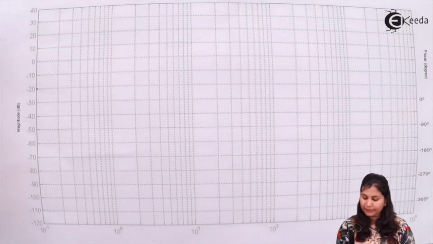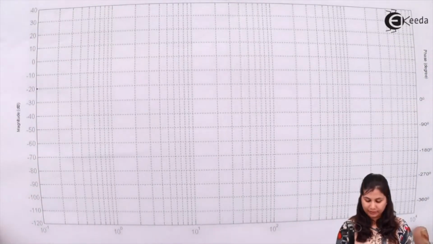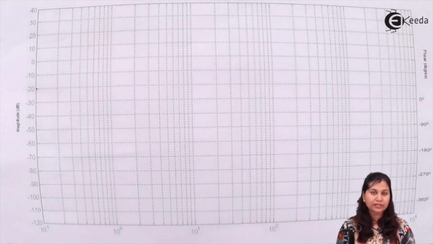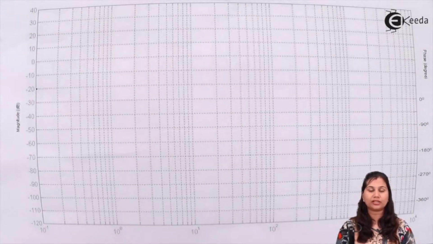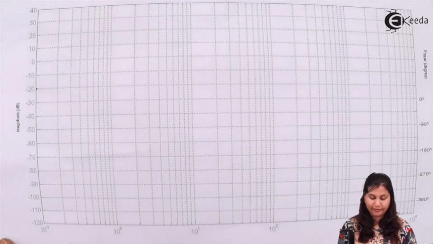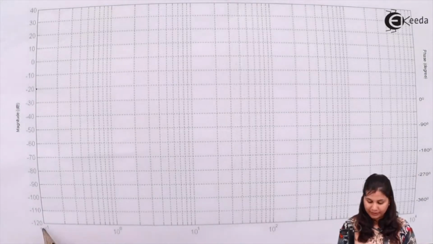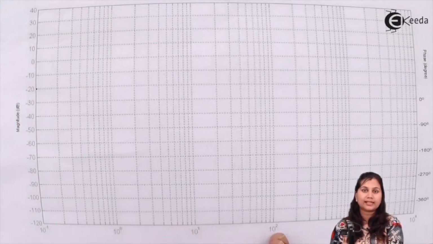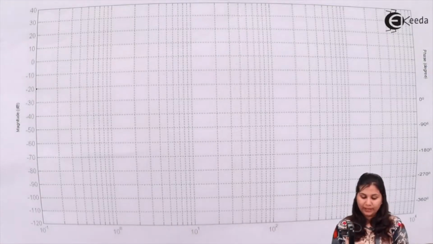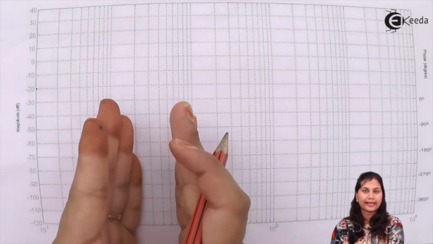On the x-axis, we are going to mark the frequencies, and because it is a semi-log graph, the frequencies will be changed in decades, like in factors of 10. So here the frequency is marked like 10 raised to the power minus 1. This is 10 raised to the power 0. It is 10 raised to the power 1, 10 raised to the power 2, like 10, 100, 1000, 10,000. In this way, this denotes the decades.